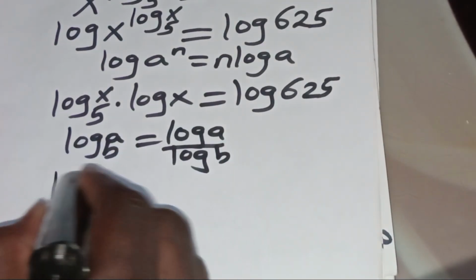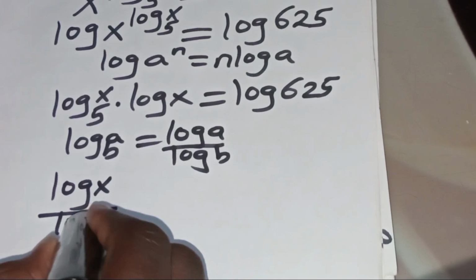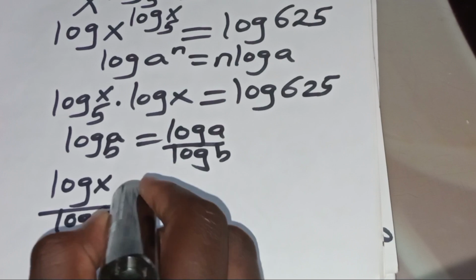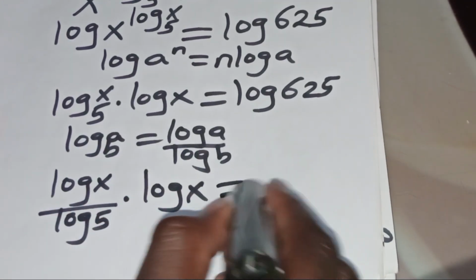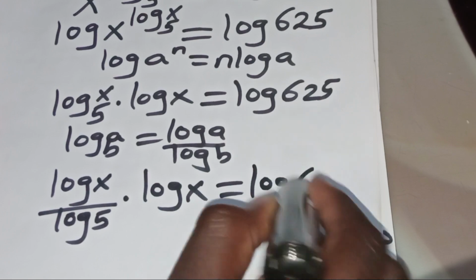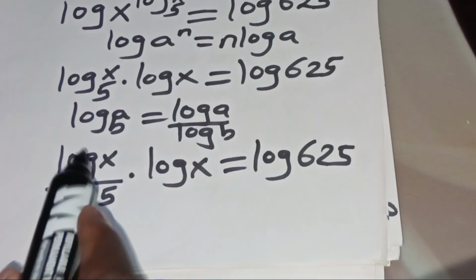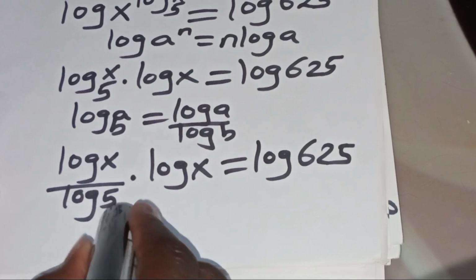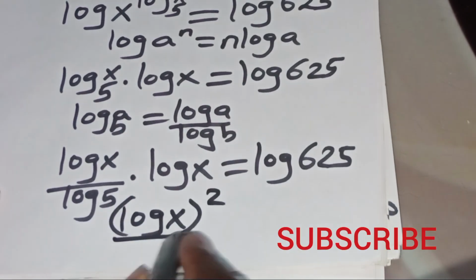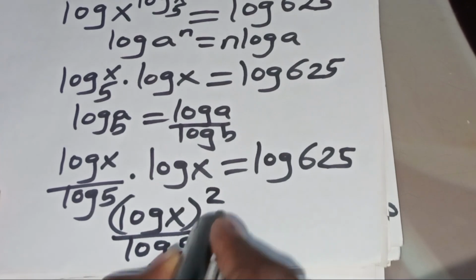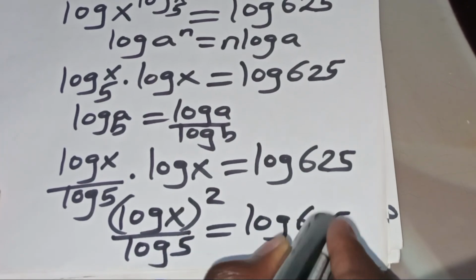We'll have log x divided by log 5 multiplied by log x, equal to log 625. We have log x times log x, which is log x squared divided by log 5, equal to log 625.